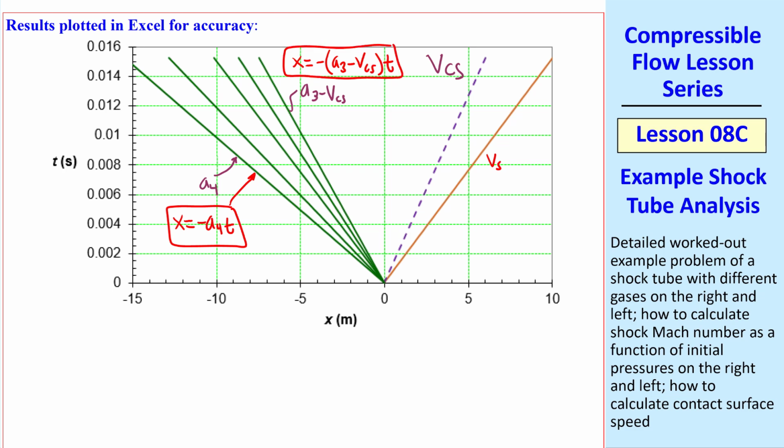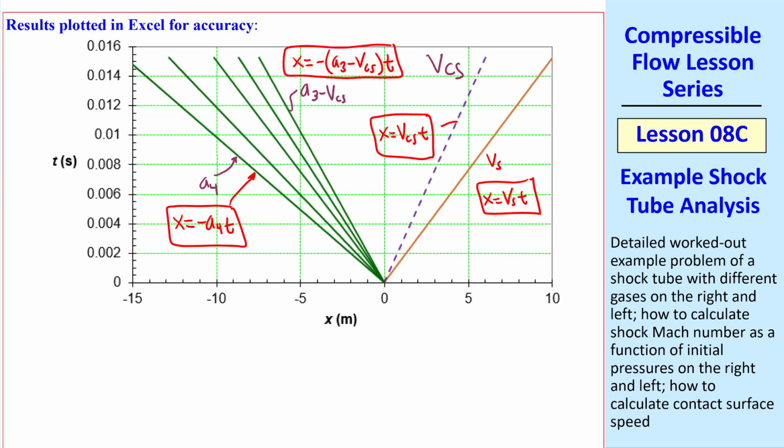These have negative signs because the waves are moving to the left. And then I just arbitrarily filled in a couple more waves. Completing this, the contact surface equation is x equals Vcs t, and the shock equation is x equals Vs t. These are the equations I used to generate these lines.